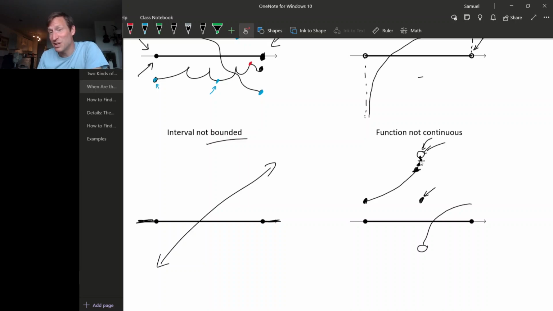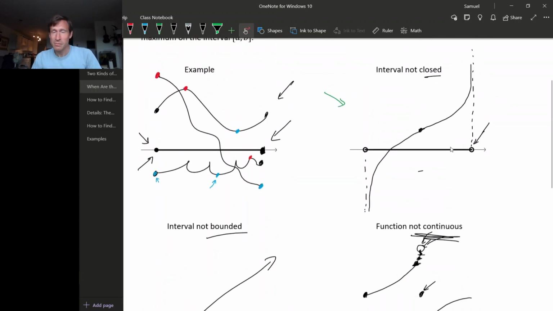No matter what point you suggest as the maximum, there's a point that's a little bit higher. And then the same thing happens for an absolute minimum as you approach this lower spot down here. No matter what point you might think is the absolute minimum, you can get a little bit lower just by creeping a tiny bit closer to this open circle here. So we do need our functions to be continuous for the extreme value theorem to be true.